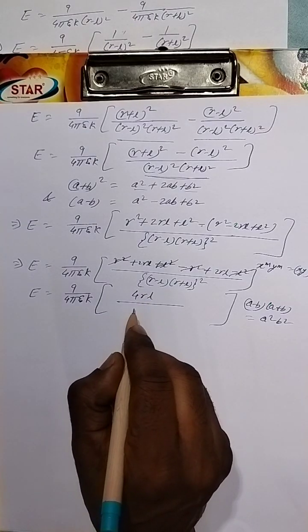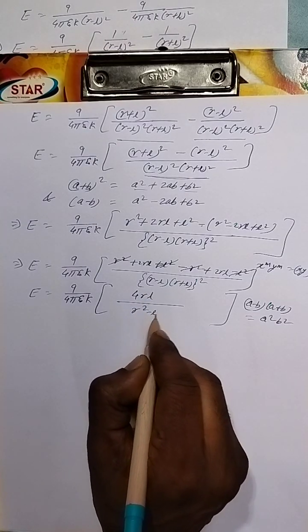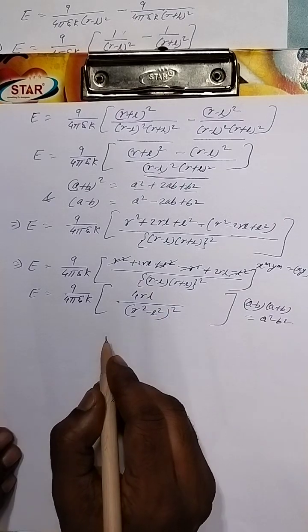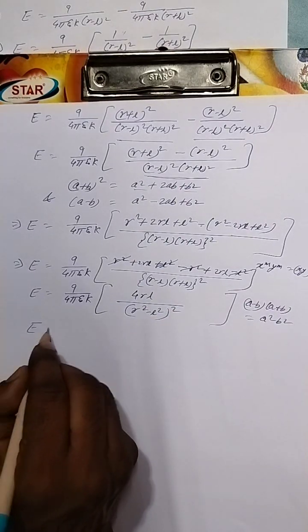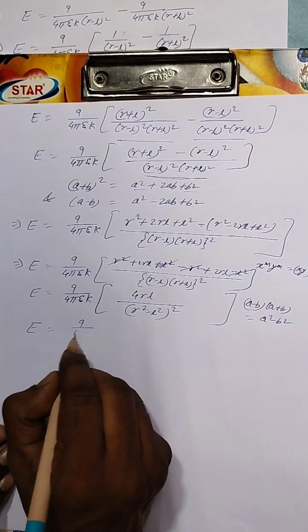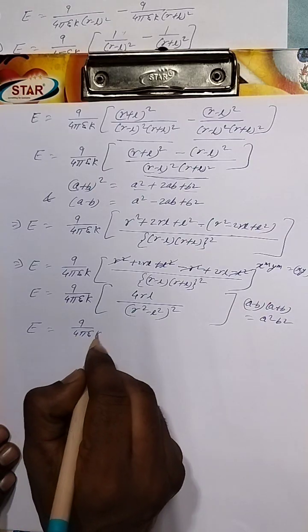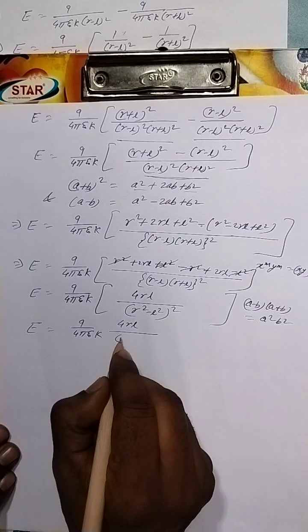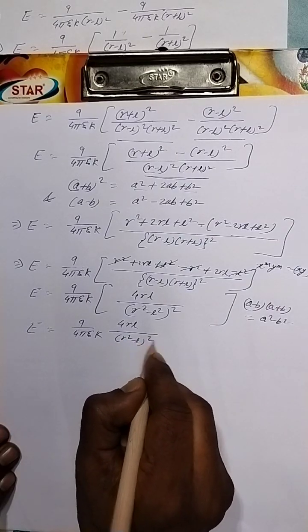Put here (r square minus l square) whole square. Okay, we get q upon 4 pi epsilon 0 k, 4rl upon (r square minus l square) square.